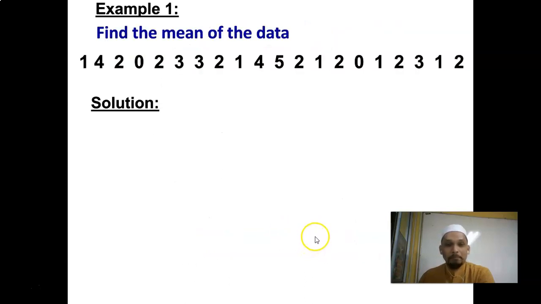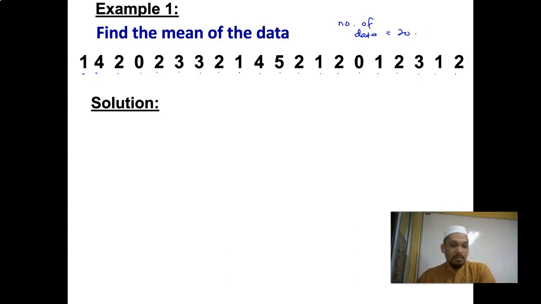Example 1, find the mean of data. 1, 2, 3, 4, 5, 6, 7, 8, 9, 10, 11, 12, 13, 14, 15, 16, 17, 18, 19, 20. So the number of data is equal to 20.